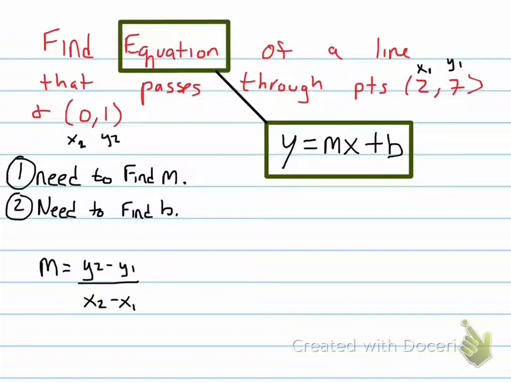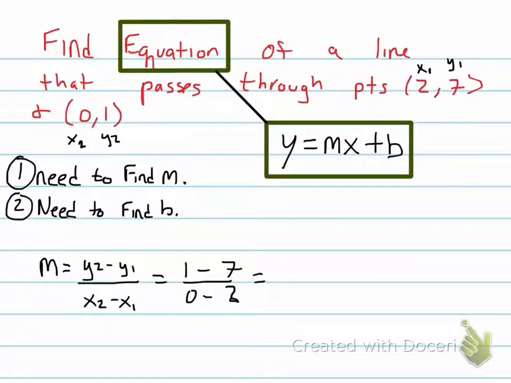So if we plug that in, y2 is 1, so 1 minus 7 over 0 minus 2.